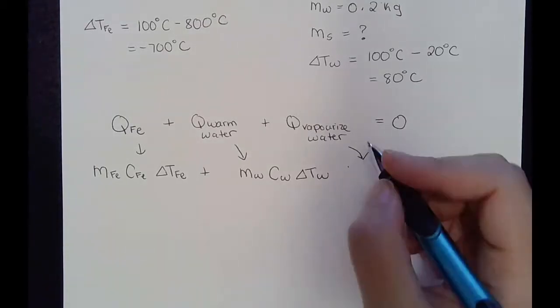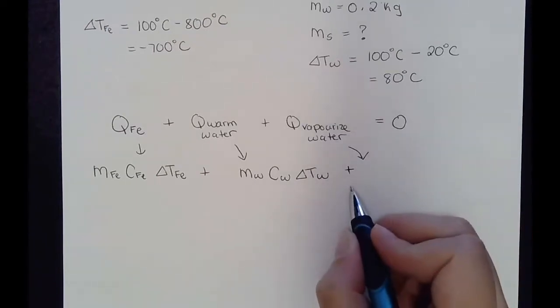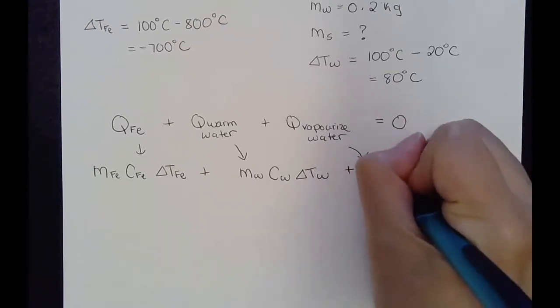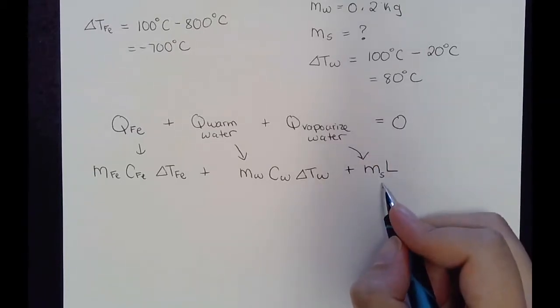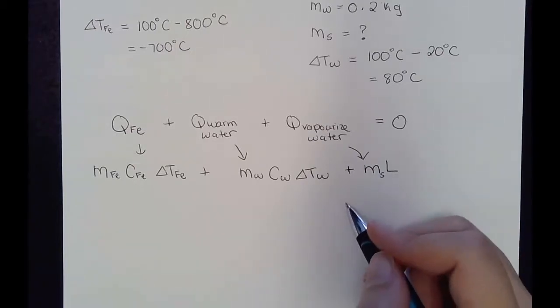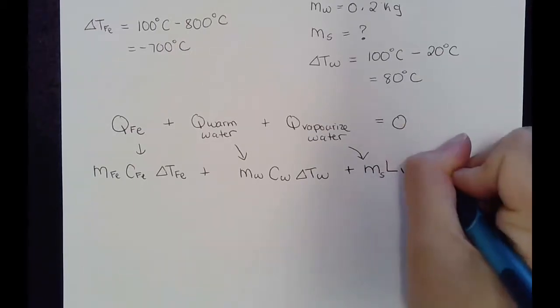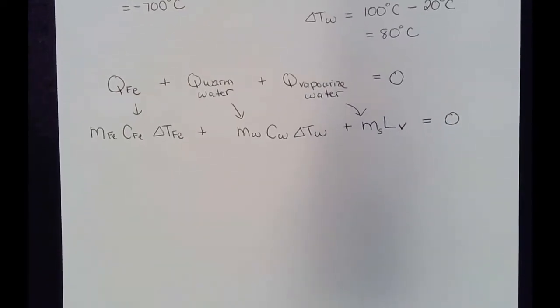Of course, we need the vaporization constant, but also this does require energy, so I want to use plus M, and I've called this MS for the mass of the steam. That's our unknown, how much of it vaporizes and eventually will convert into a fraction, and then the latent heat of vaporization equals 0.